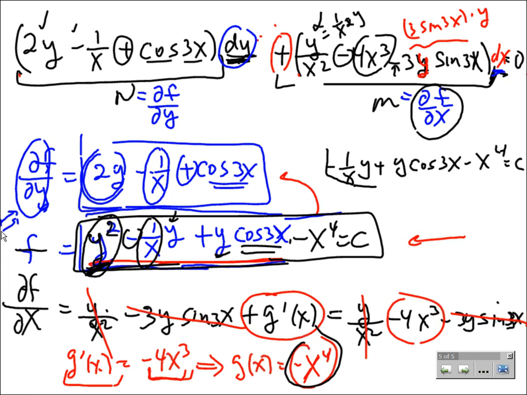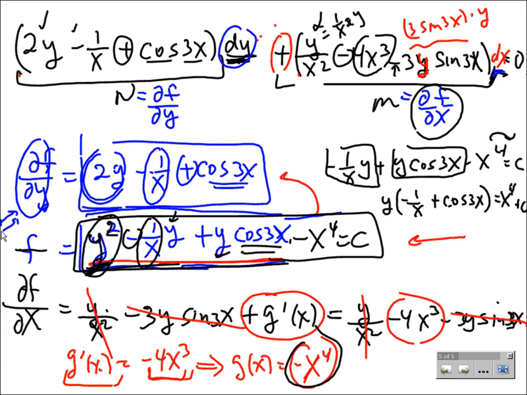For example, this term and this term have y, and I'll bring that to the other side. So by design, I can factor out the y. And this will equal x to the 4th plus c. If I divide by this, I'll have my answer.